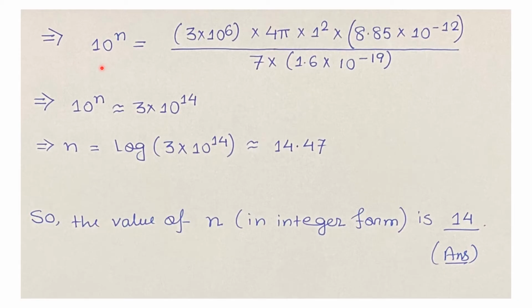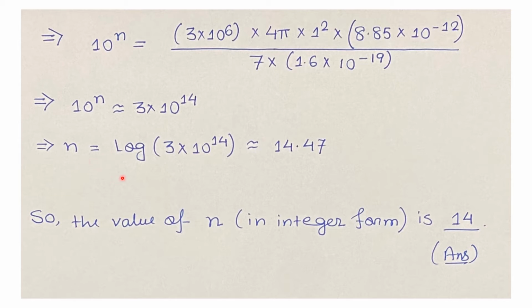So we have 10 to the power n equals to 3 times 10 to the power 6 times 4 pi times 1 square times 8.85 times 10 to the power minus 12 divided by 7 times 1.6 times 10 to the power minus 19. If we calculate this, we will get approximately 10 to the power n equals to 3 times 10 to the power 14.